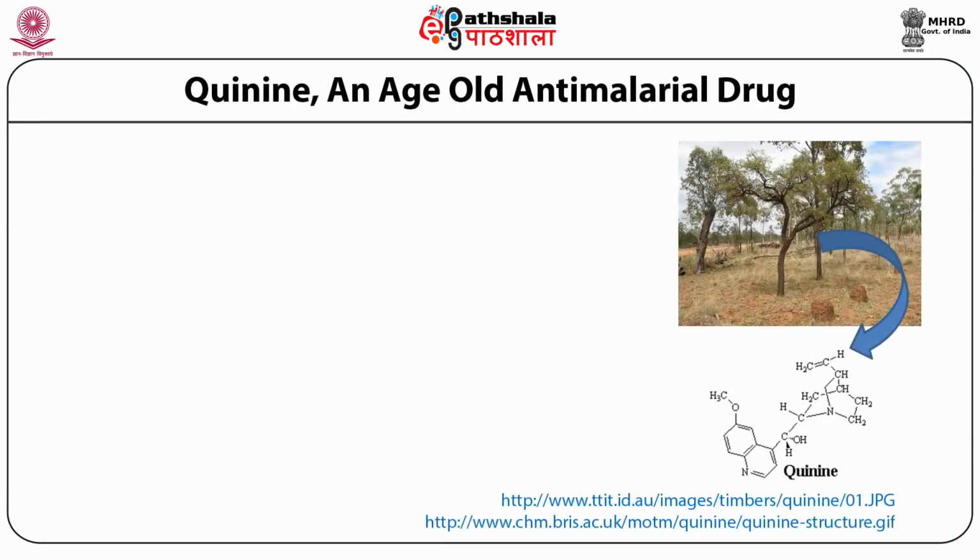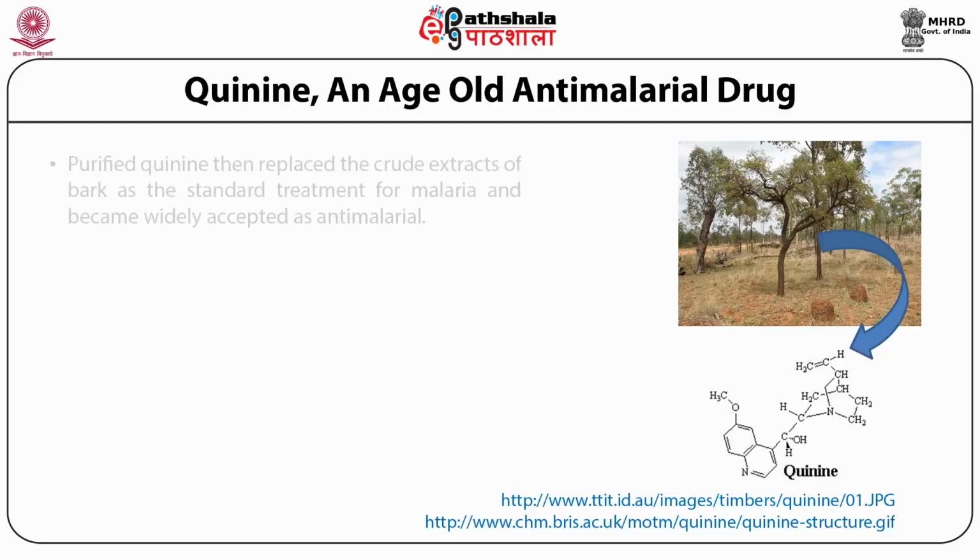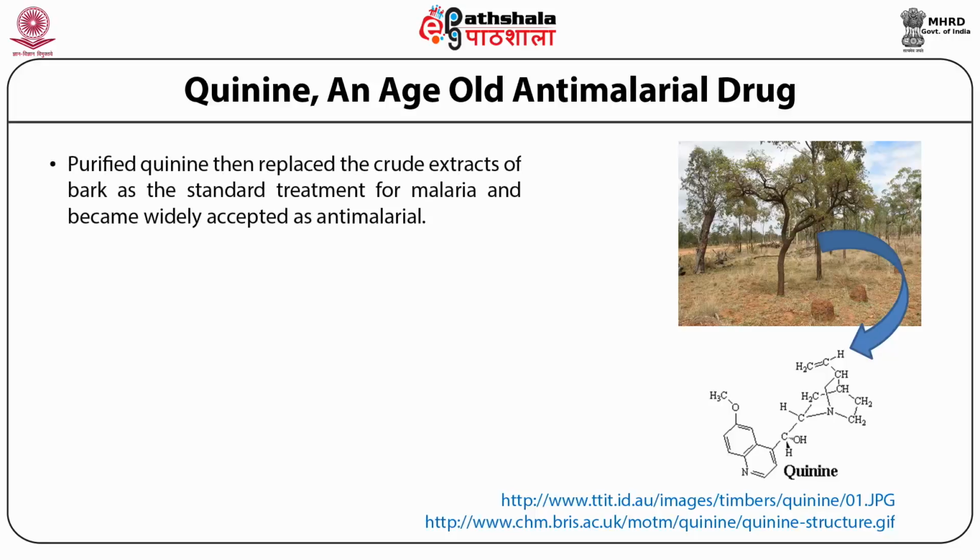Purified quinine then replaced the crude extracts of the bark as the standard antimalarial treatment used for malaria fever. Soon, it became widespread and was recommended as a potent antimalarial drug.